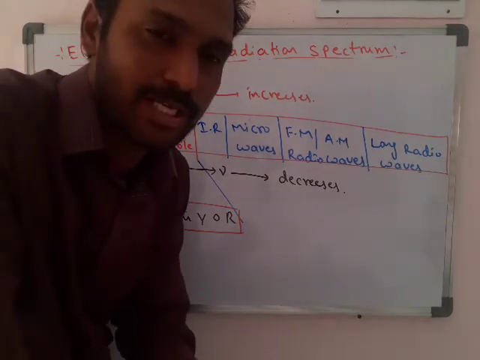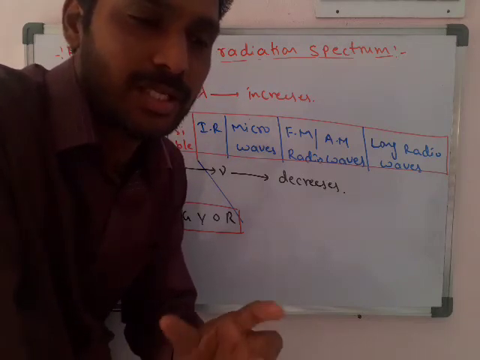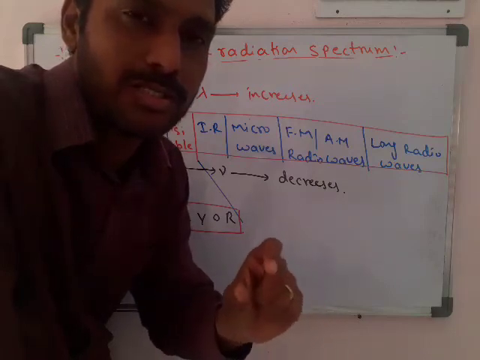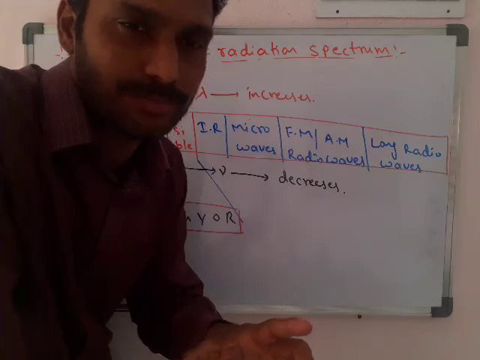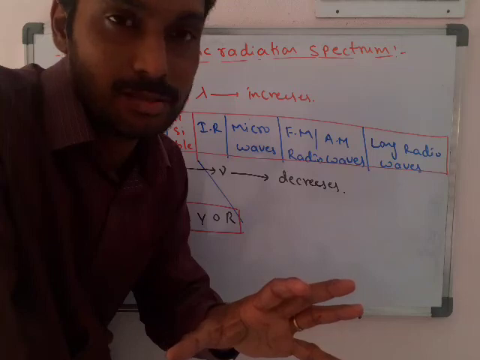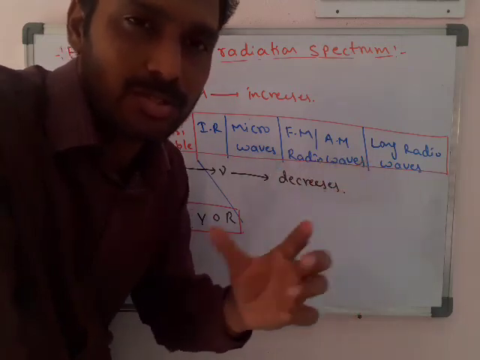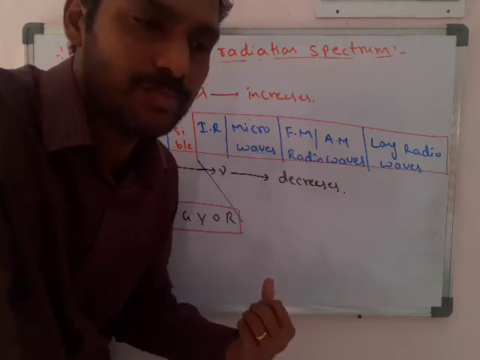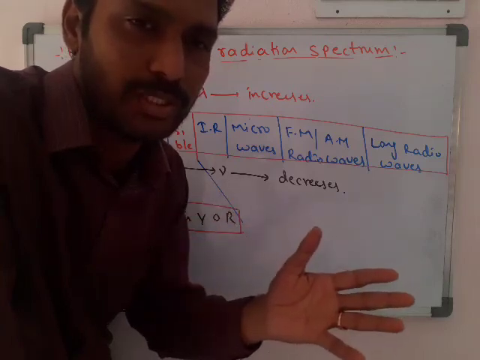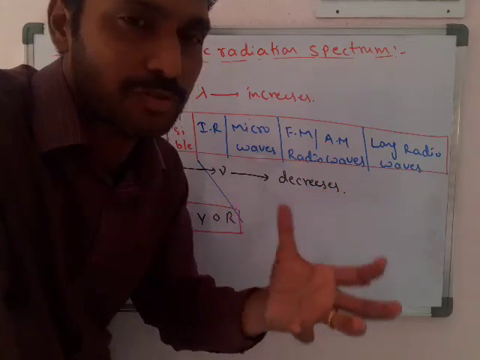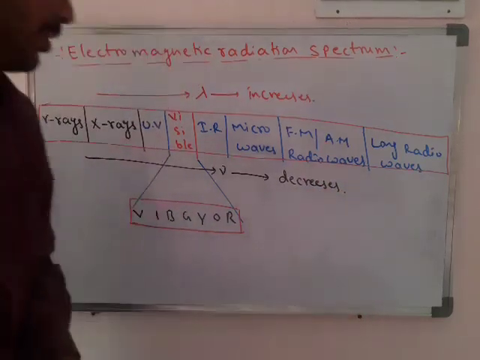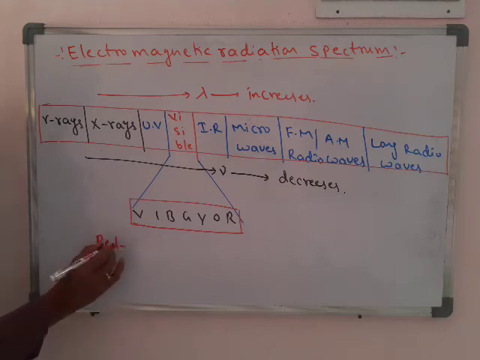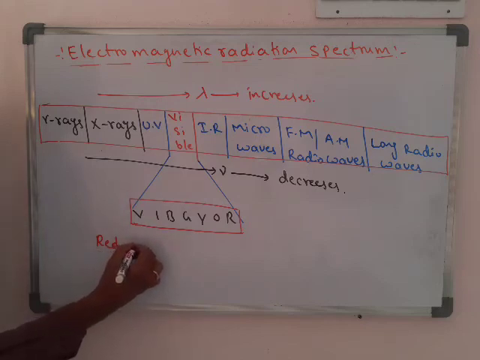Generally there is a multiple choice question: why do traffic signals use red color? Red color is easily visible even from a longer distance compared to other colors. In terms of our subject, red has the highest wavelength, and because the wavelength is higher, it is visible from a greater distance. That is why traffic lights use red light. Here red has more wavelength and also appears very dominant.